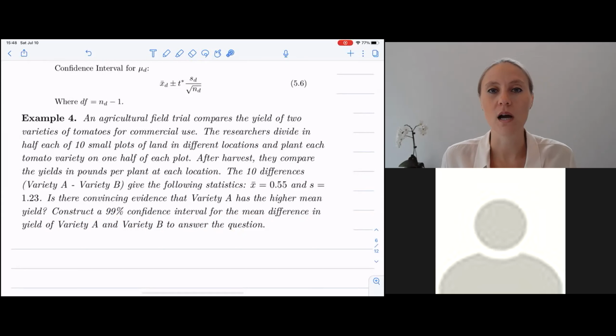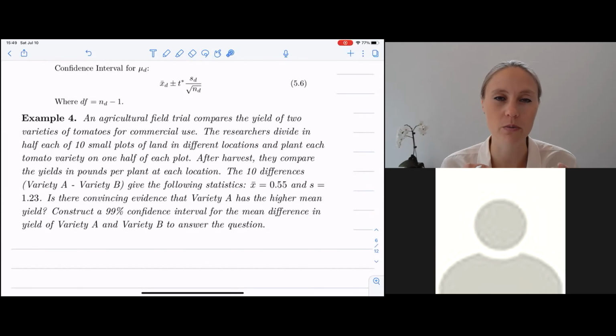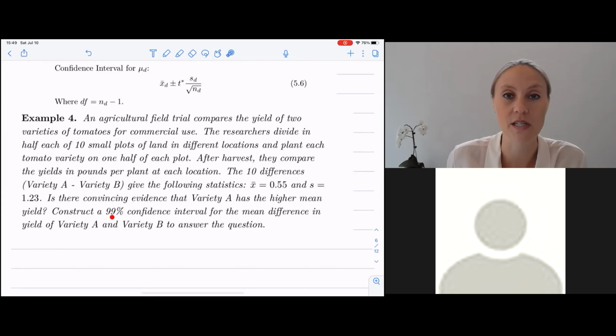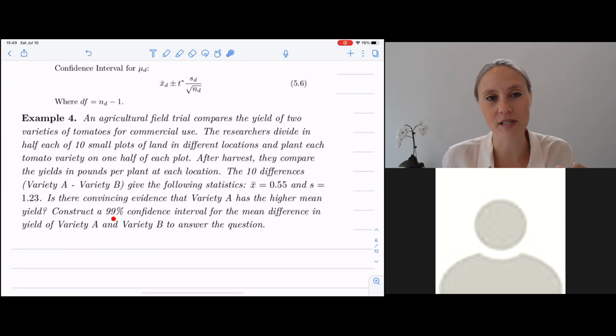And so if you're using 0.05, then your results won't really match. So just keep that in mind. It's a little bit beyond what we have covered so far, but it is something to think about. So a 99% confidence interval is equivalent to an alpha level of 0.01 for a two-sided test.